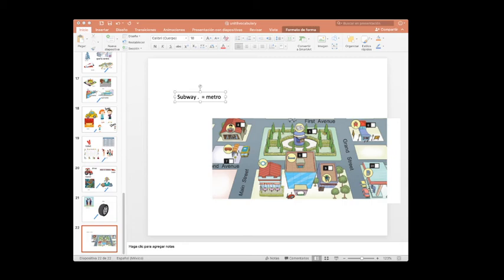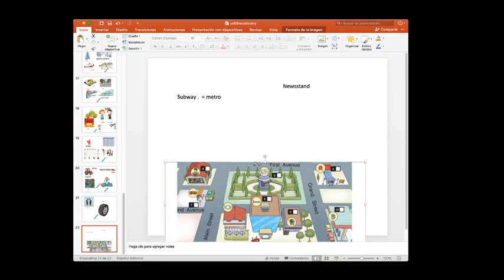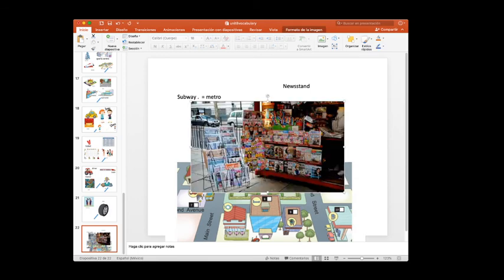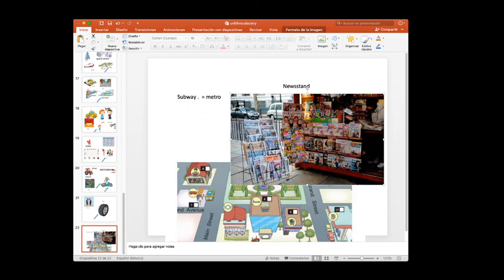For example, newsstand. Do you know what a newsstand is? Let me check. Okay, a newsstand. Here in Mexico it is better known like this. This is the newsstand. Okay, that is the newsstand.